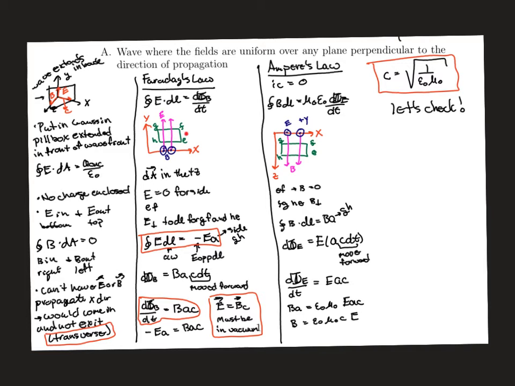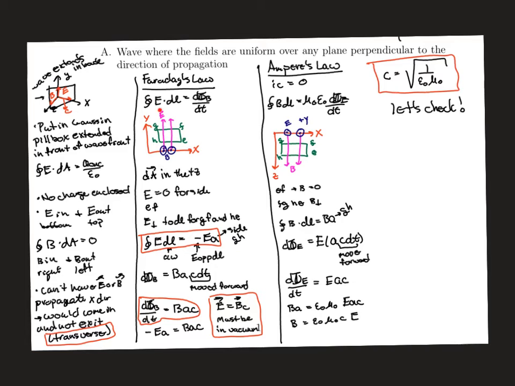Remember, we have extended this in front of the wave, so the side EF is 0 for that particular side. For sides GF and HE, the electric field is perpendicular to dl, so we don't have to worry about those sides. The only side that is parallel and would have electric field going through it is the back of the rectangle, or side GH.